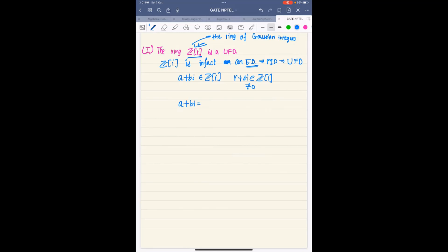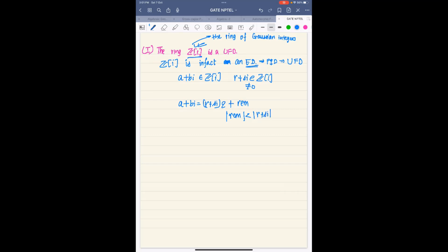A plus Bi should be written as R plus Si times some quotient Q plus some remainder, right? And what do we want? The remainder is a Gaussian integer whose norm is less than that of R plus Si.